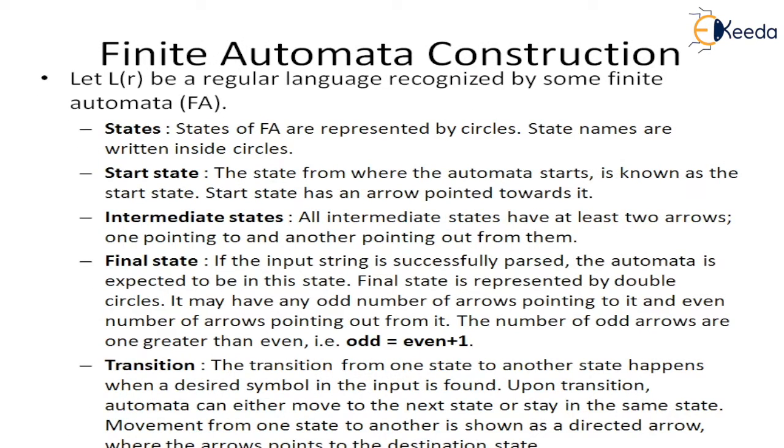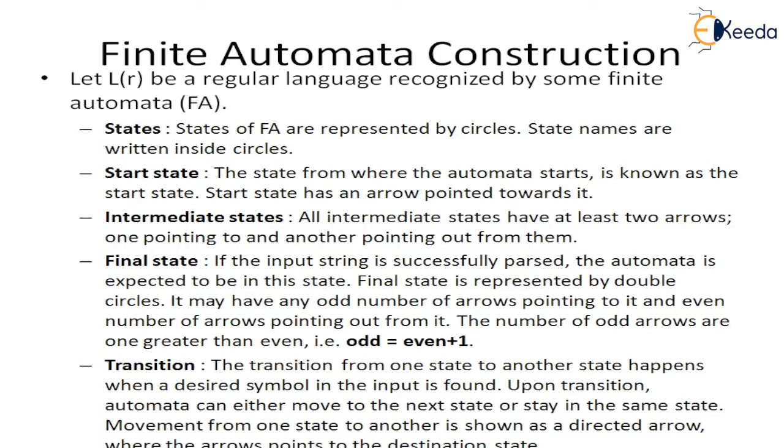The finite automata construction contains L(R), which is a regular language recognized by some finite automaton. That finite automaton contains a start state, intermediate states, a final state, and transitions. A state is represented by a circle, and the state name is written inside the circle.